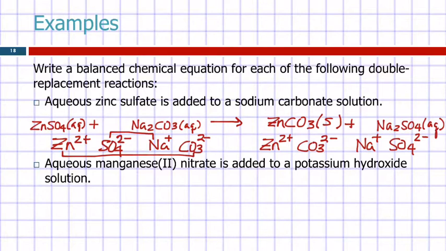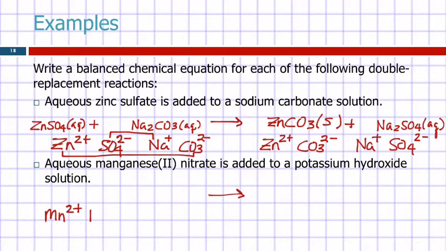Aqueous manganese 2 nitrate is added to a potassium hydroxide solution. So here's our reaction arrow. Manganese 2, well, that's Mn 2 plus. It's a +2 charge because that's what the Roman numeral tells me.